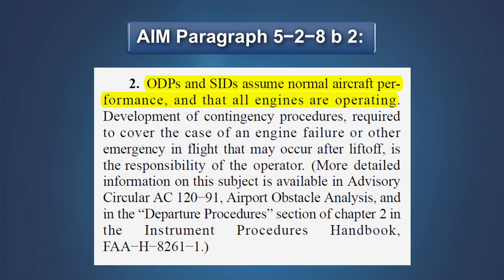If an engine fails on takeoff in a transport category airplane, the operating rules and procedures previously discussed are used to address that failure. The IFR departure procedure is no longer applicable. The pilot should refer to the engine failure contingency procedure for the runway in question. This procedure was developed to address this specific failure.